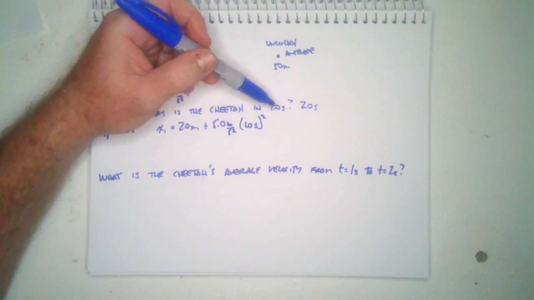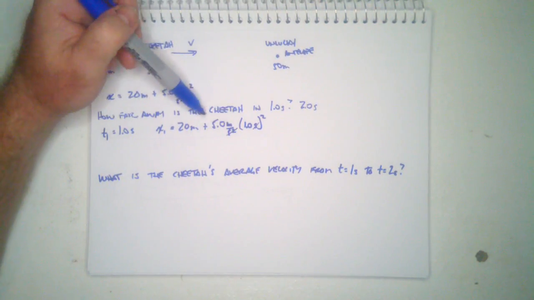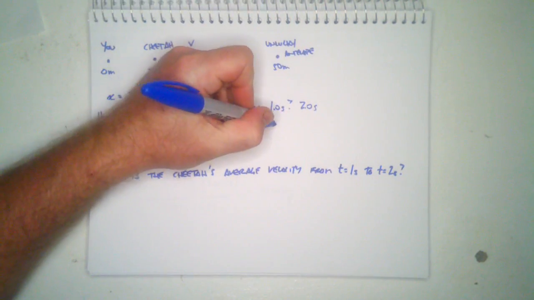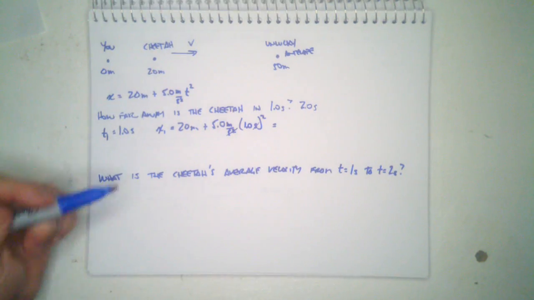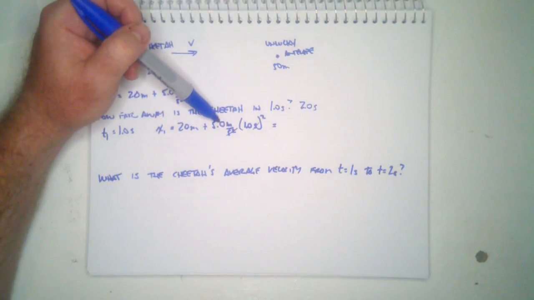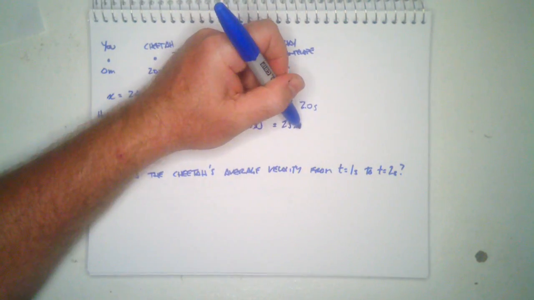Now this second gets squared, right? And it cancels this second squared down here. And I've got meters left over. If I add those up, I should get a meter again for x. And 1 squared is 1, times 5 is 5, plus 20 equals 25 meters.